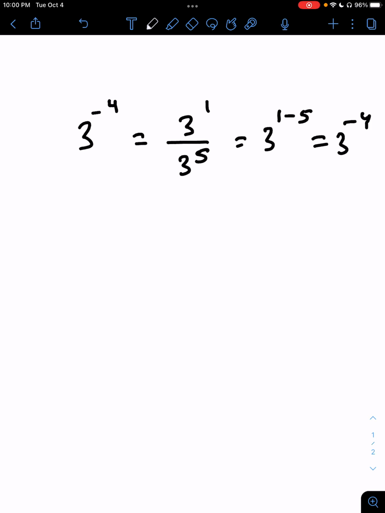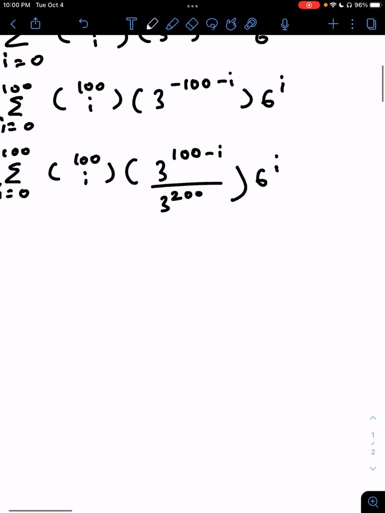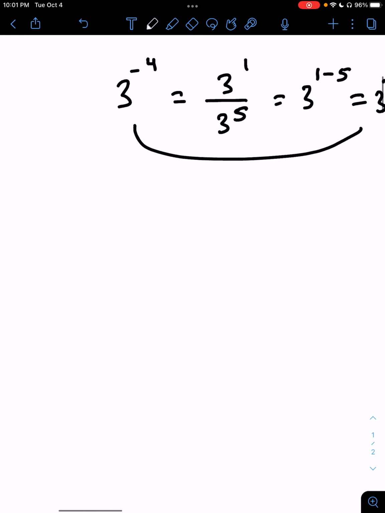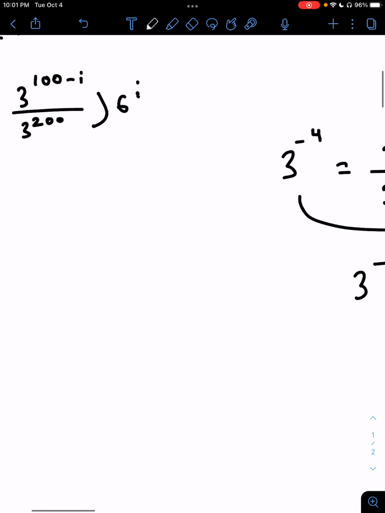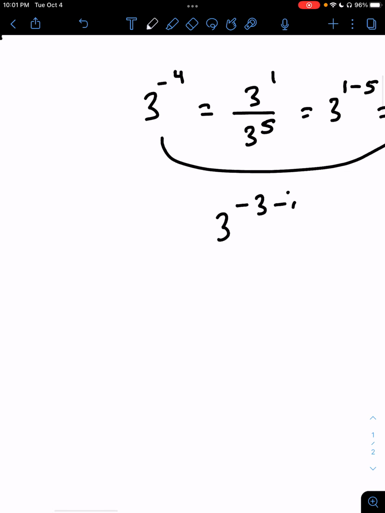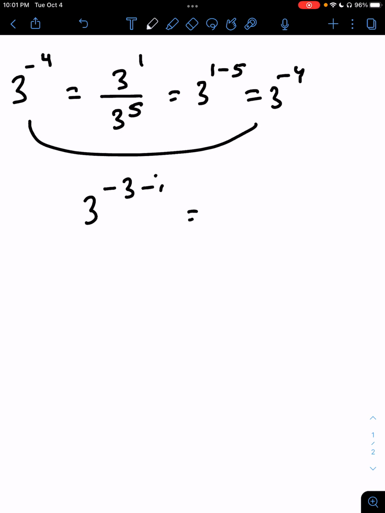That's going to be negative 4, which is equal to that. So I guess they just kind of did that. The i doesn't even matter. So let's say you have 3 to the negative 3 minus i. If you have that, you could write this down as like what? The bottom is also going to have 3, that's going to be negative 3 on top.